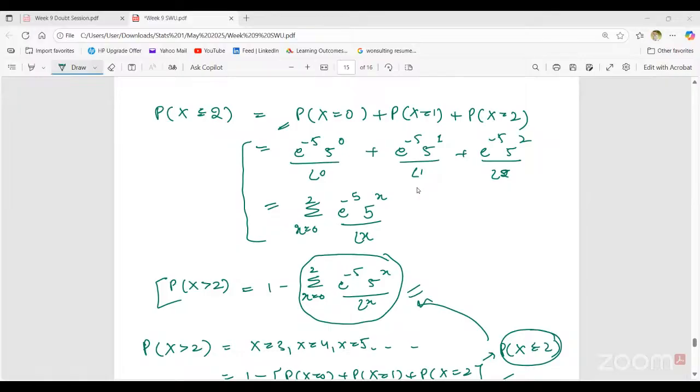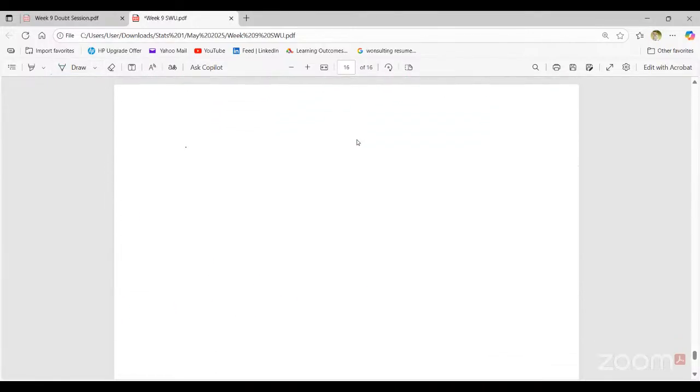Graph. Which of the following is correct? Graph of probability mass function. What's the doubt in this? How can I make a graph? I'll just give you an explanation.